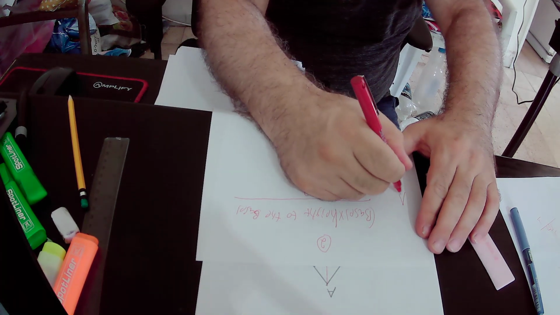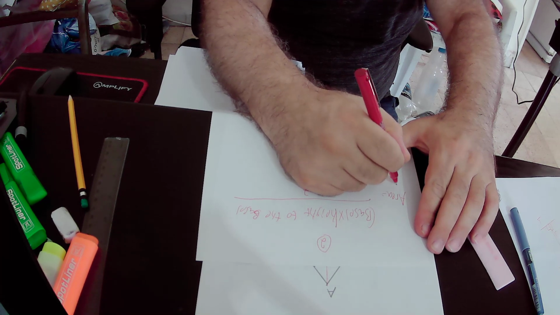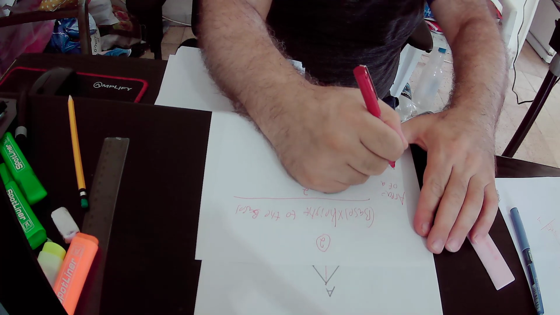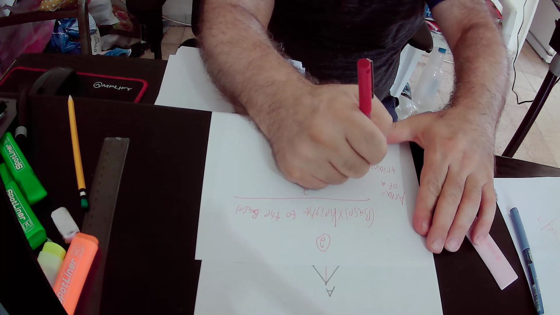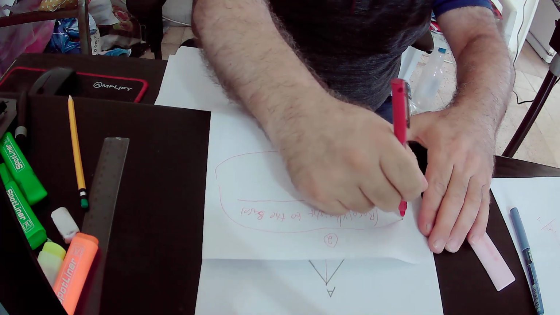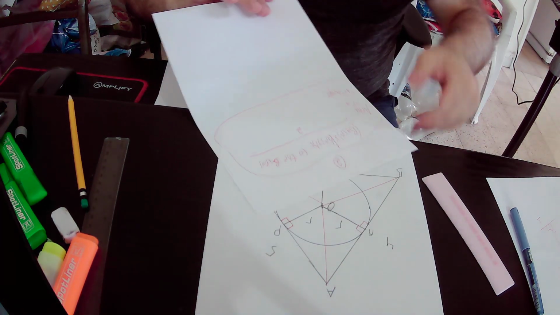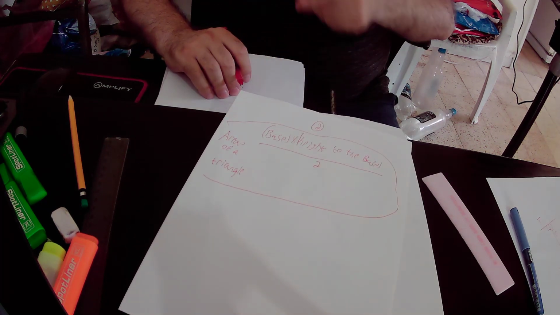Okay, this is the area of a triangle. Again, the area of any triangle equals the base times the height to the base, all divided by 2.